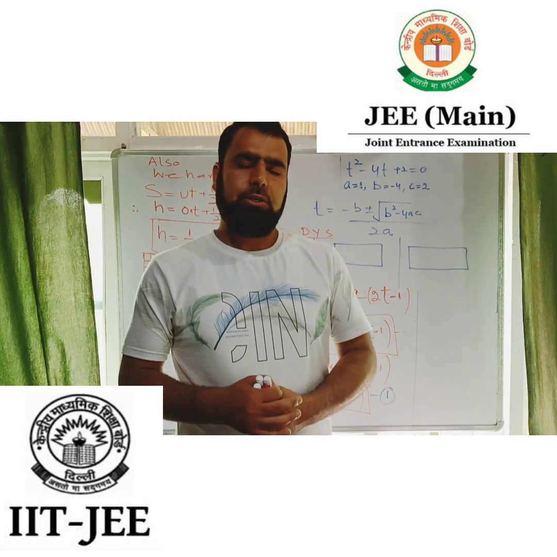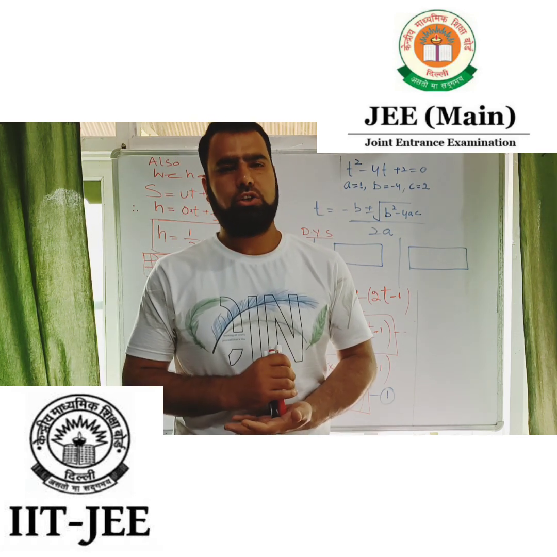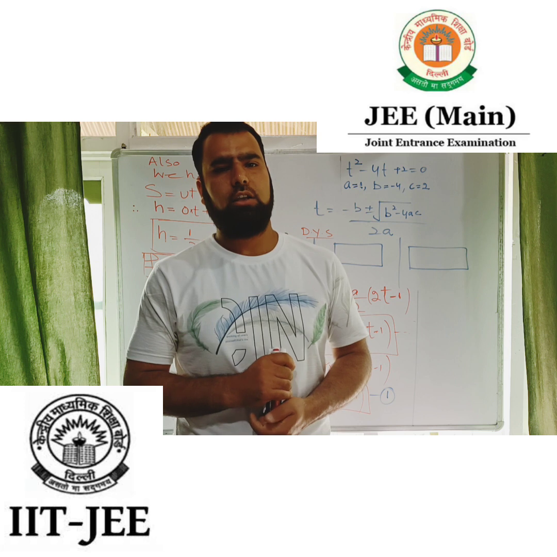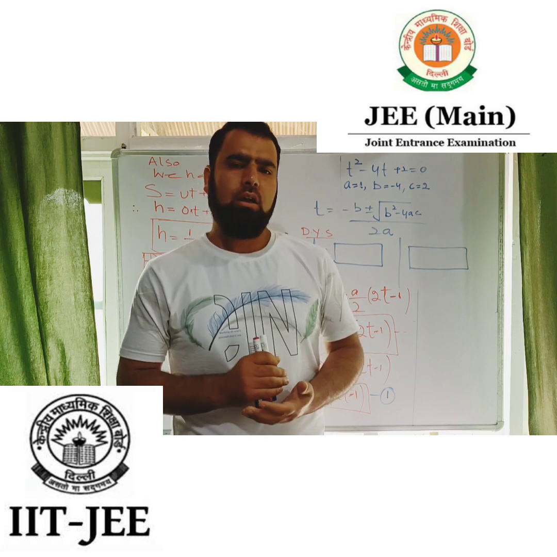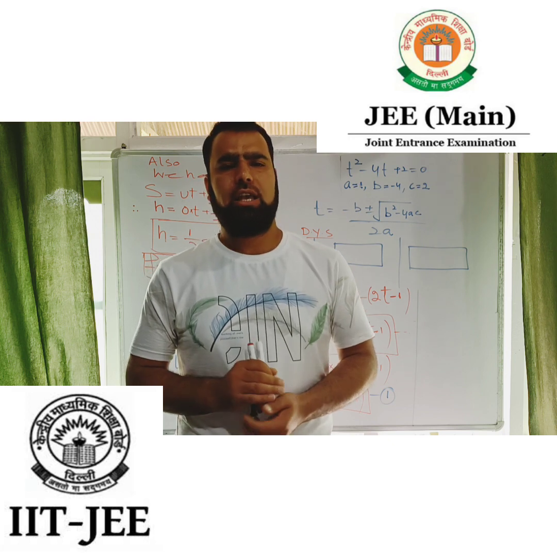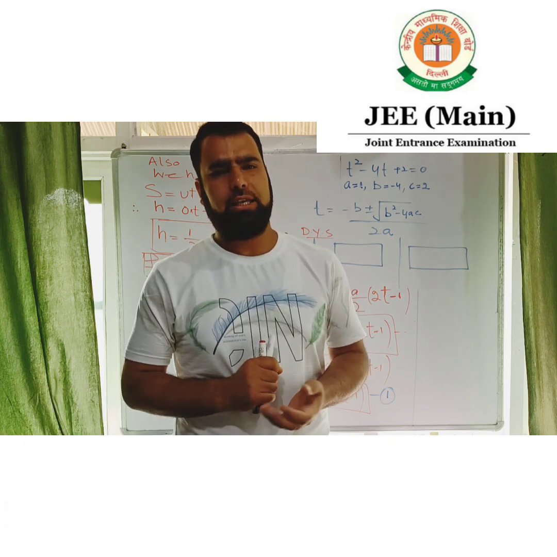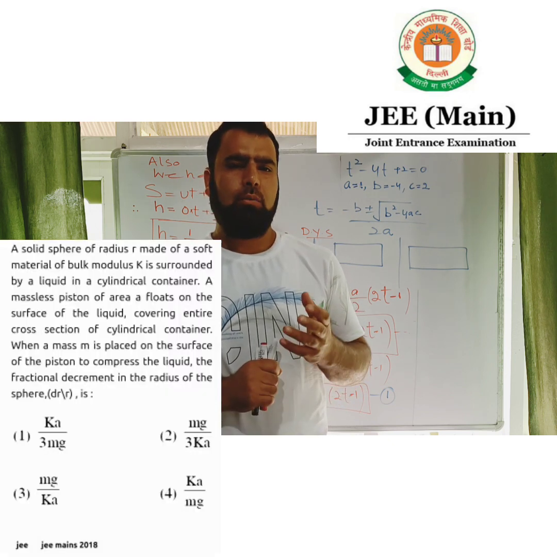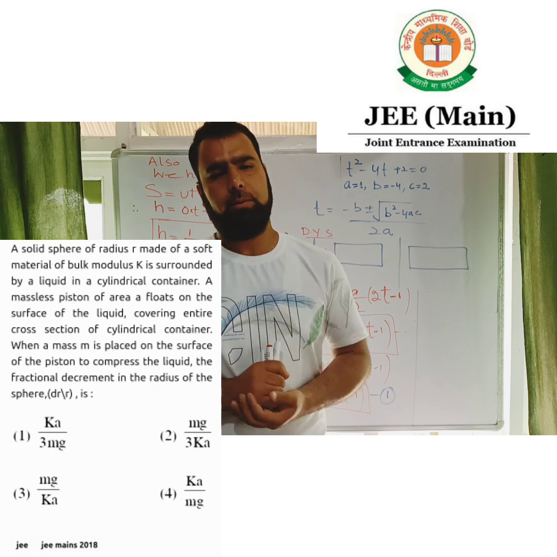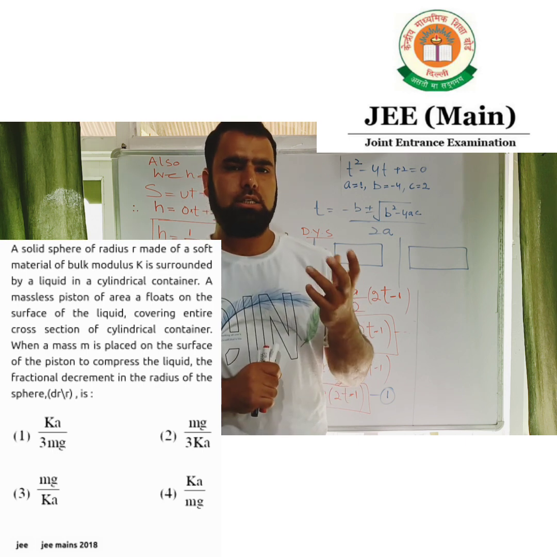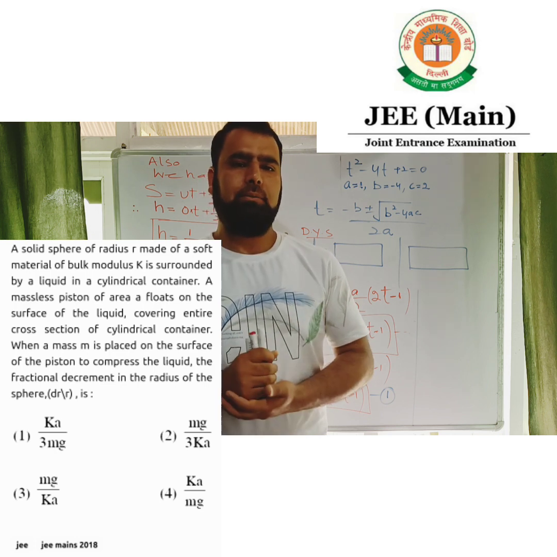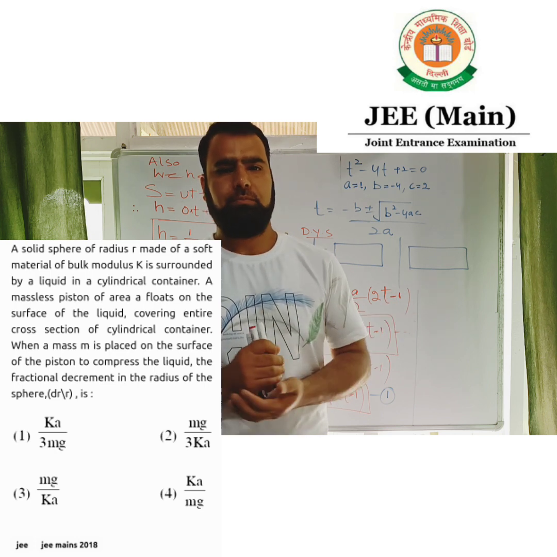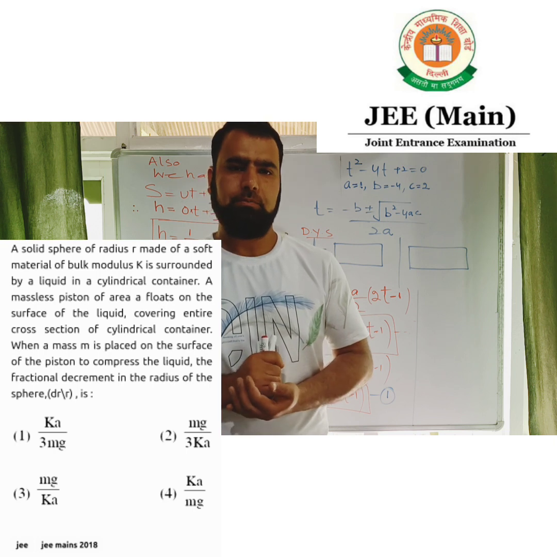My dear students, today I am with the question which was asked in the JEE Main exam. The question is: a solid sphere of radius r made of a soft material of bulk modulus K is surrounded by a liquid inside a cylindrical container.